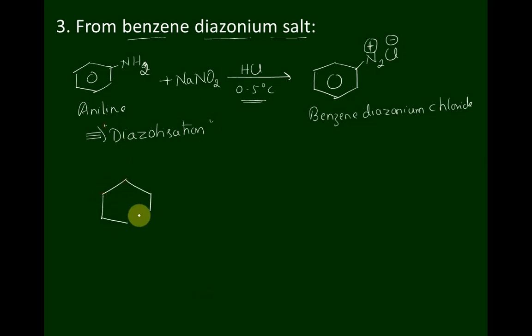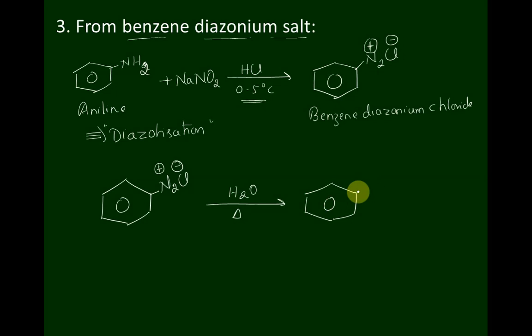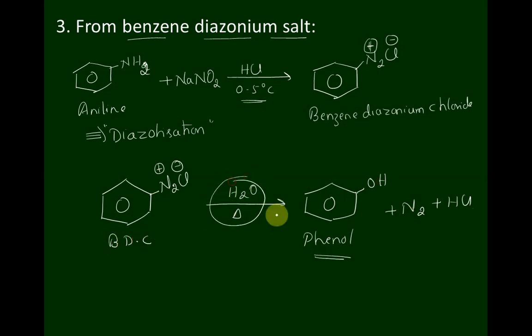When benzene diazonium chloride is subjected to hydrolysis, phenol is obtained with the liberation of nitrogen. This is a very simple method of preparation of phenol from benzene diazonium chloride.